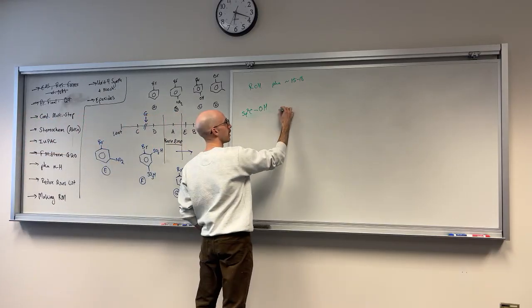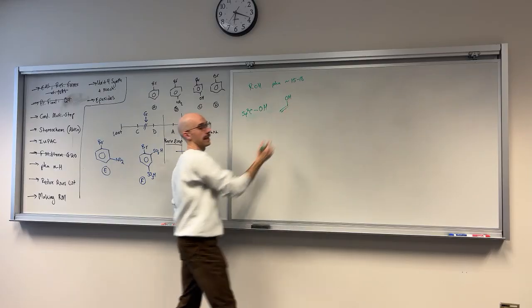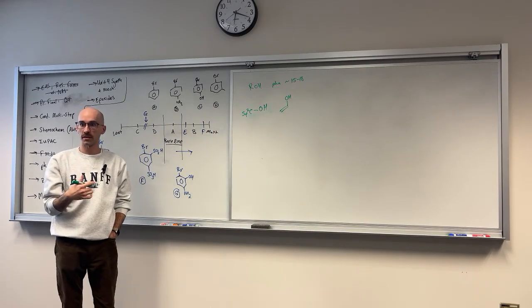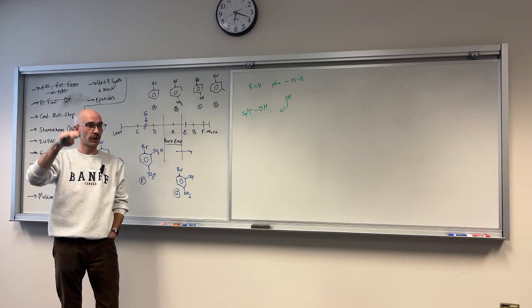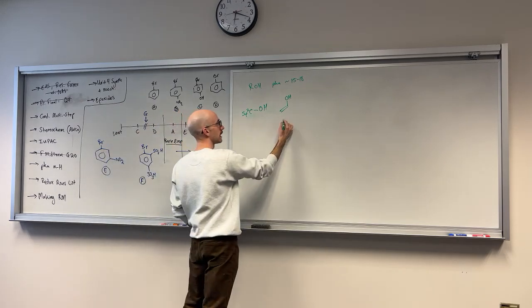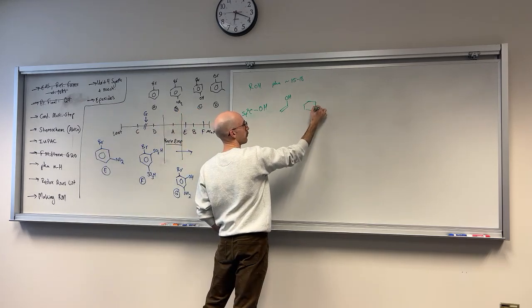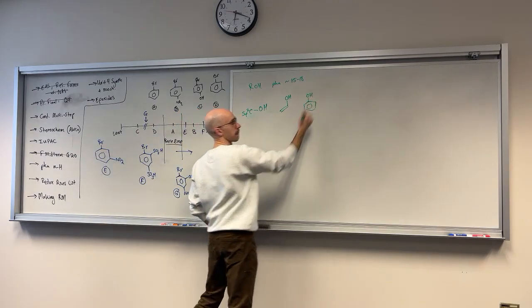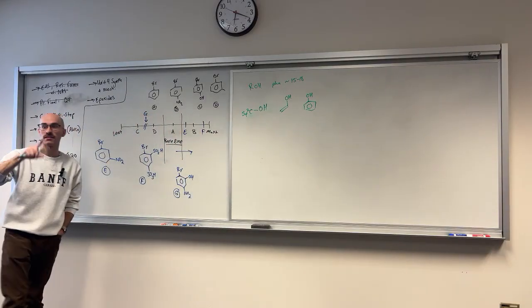So in the example of an enol, the conjugate base is in resonance with the alpha carbon. In the context of phenol, the conjugate base is in resonance with the entire ring.